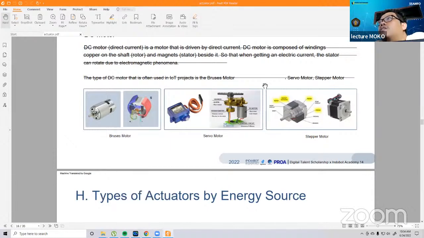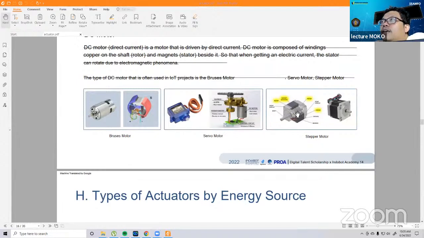And the stepper motor is the same as the servo motor. The mechanism is the same, so it cannot move 360 degree, but it can move from 0 until 180 degree. So you can control the position of this move. For example, you want to move just 30 degree, or just 50 degree.